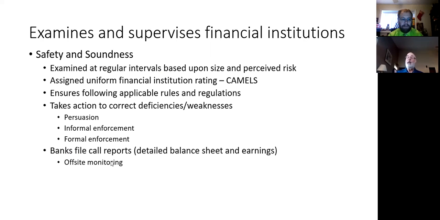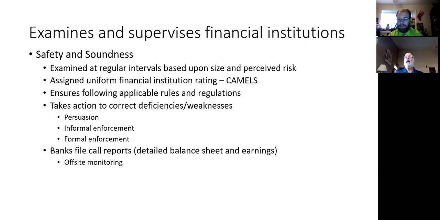The FDIC and others also use all this information and do offsite monitoring. So for instance, every quarter when call reports were filed, I used to get a list of banks that were growing very fast. Typically, historically, banks that grow too fast end up getting in trouble because they don't have the controls in place to control the growth.